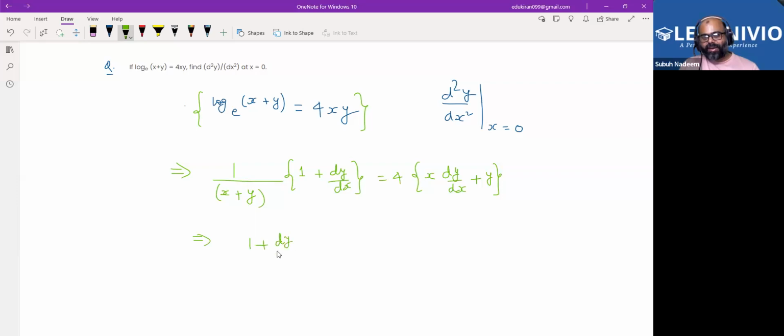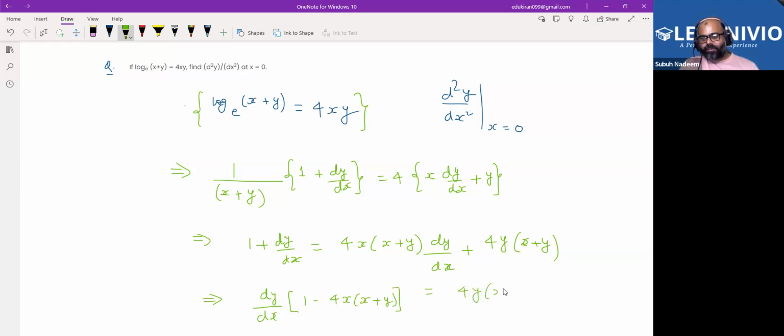So 1 plus dy by dx is equal to, we multiply (x plus y) there. So it will become 4x into (x plus y) dy by dx plus 4y (x plus y). So we get this. Okay. Now let us take dy by dx on one side. So dy by dx will come here, and this will be 1 minus 4x into (x plus y) is equal to 4y into (x plus y) minus 1. So this is how we write it.